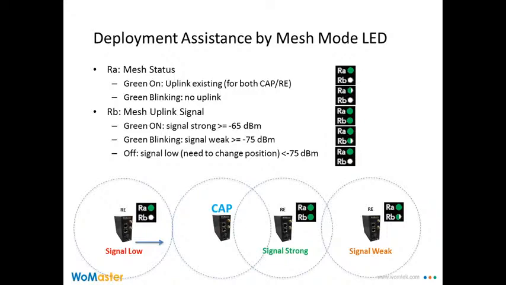The value is less than minus 65 and bigger than or equal to minus 75 dBm. If RB is off, it means the signal strength is very low. The value is less than minus 75 dBm. In this case, we suggest changing the position of this WA512GM.